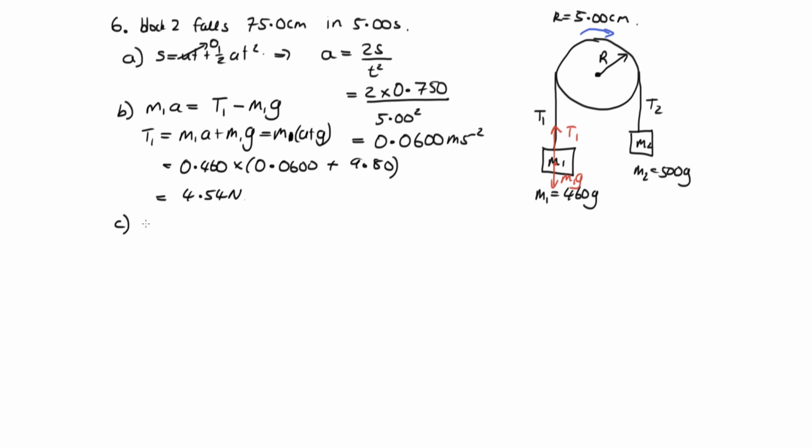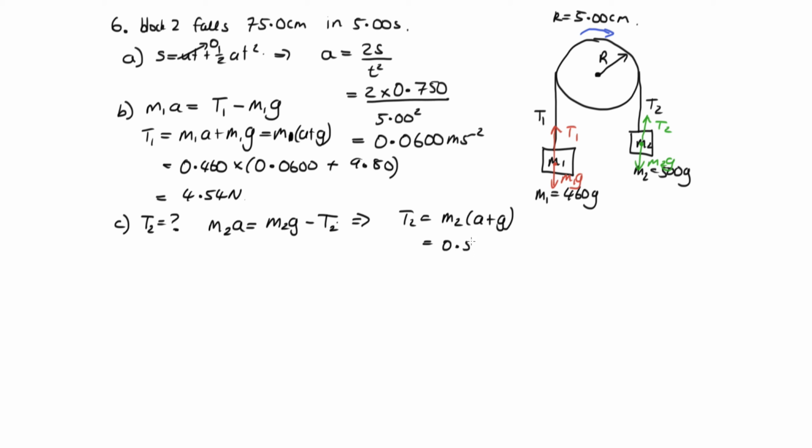Part C, we're then asked to find what T2 is equal to. So we do a similar process for the other block over here. So we've got M2g pulling it down. In this case, this is a slightly larger force, and T2 pulling it up. So we can write M2a = M2g minus T2. And so rearranging this, we've got T2 = M2(g − a), and we can substitute in here.